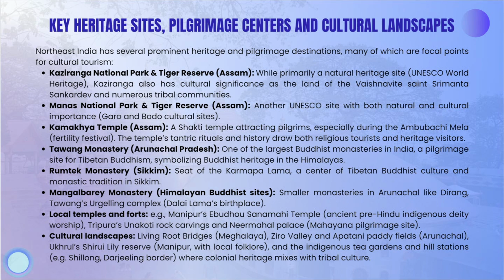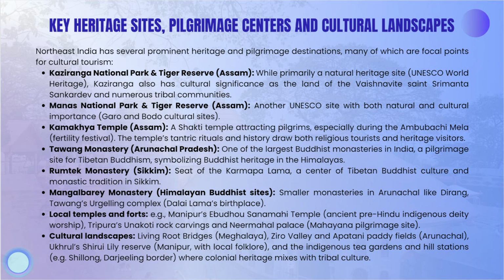Other Himalayan Buddhist sites include smaller monasteries in Arunachal like Dirang and Tawang's complex, local temples and forts. Examples are Manipur's Imoinu Sanamahi temple, with ancient pre-Hindu indigenous deity worship, Tripura's Unakoti rock carvings and Neermahal Palace, and the Mahamaya pilgrimage site.